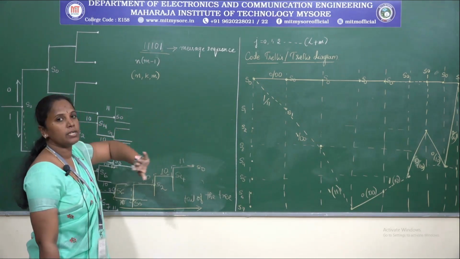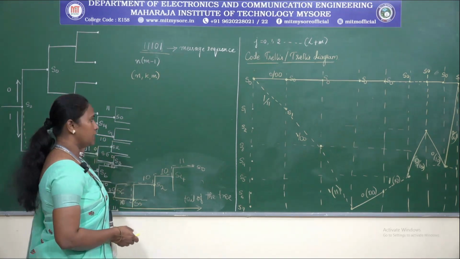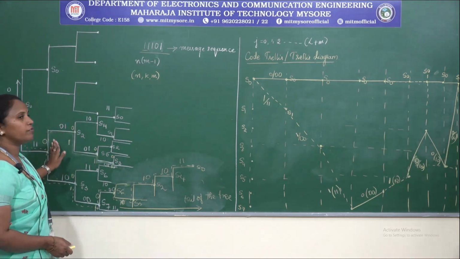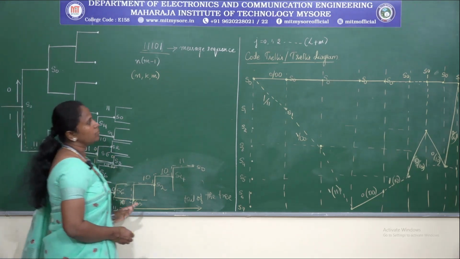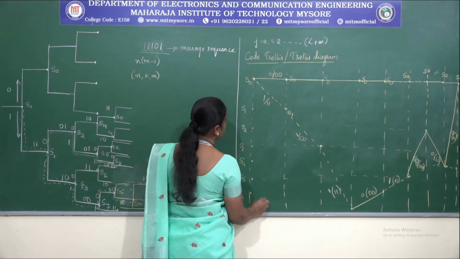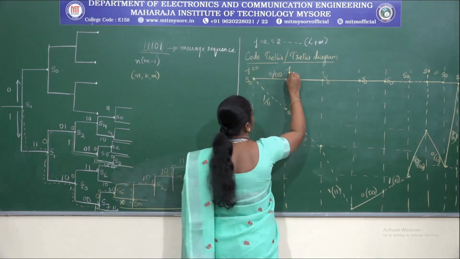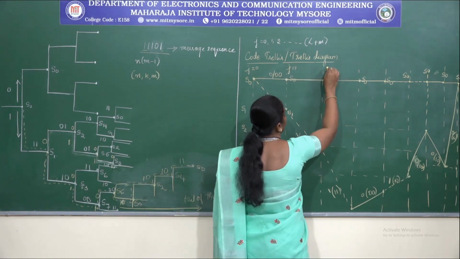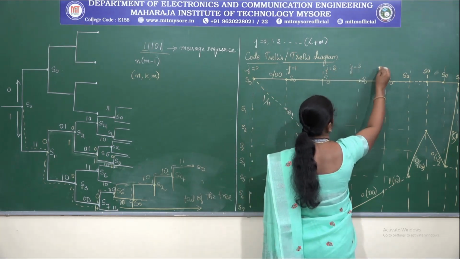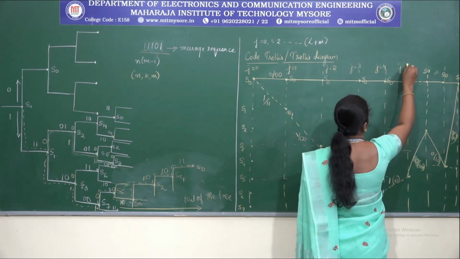So I have represented only the message sequence. Where you need to represent all the rest of the branches or divisions that we have done. The first is for j is equal to 0, this is j is equal to 1, j is equal to 2, j is equal to 3, j is equal to 4 and j is equal to 5.